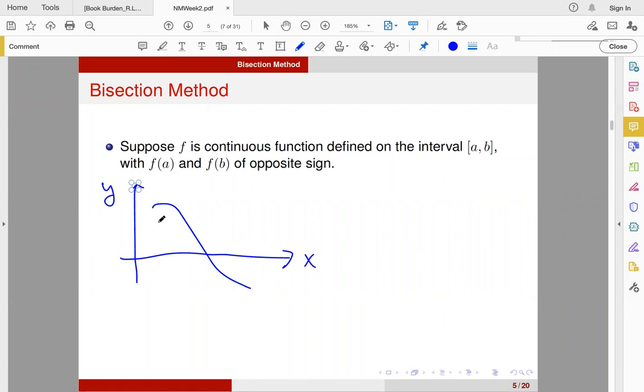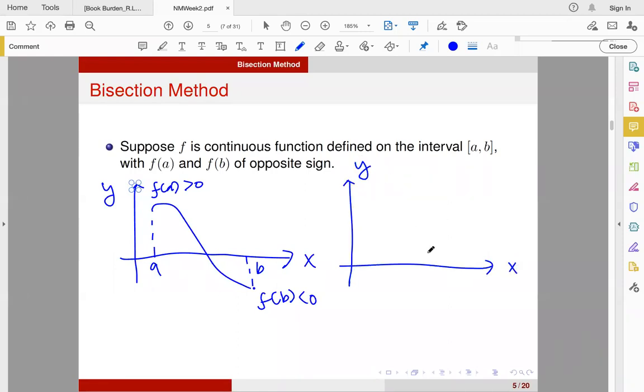So this is the case. This is a, for example, and this is b. So f(a) positive and f(b) negative. Or you can have the following as well, or you can also have it like this. This is a, b, and this is f(a), and this is f(b). f(a) is negative, f(b) is positive.